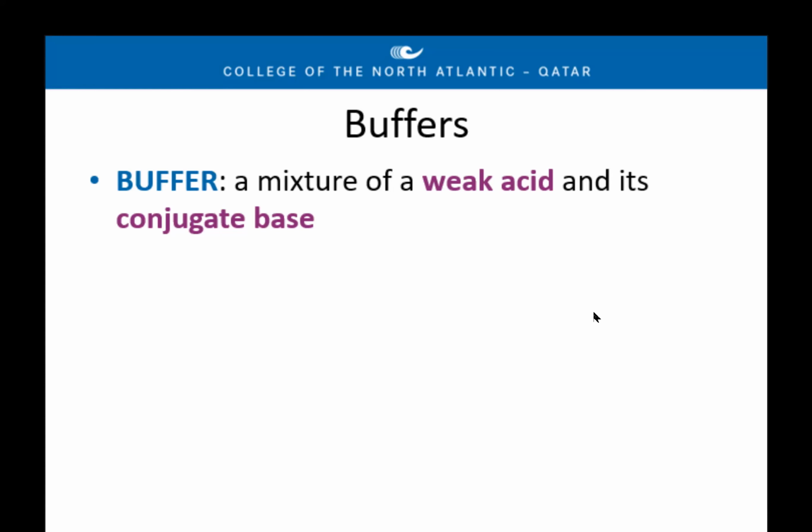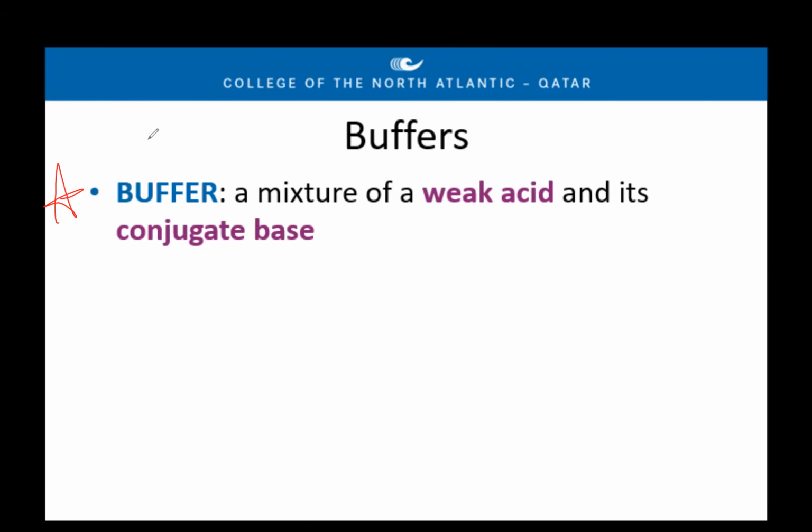This, actually, guys, let me be real straightforward with you. This is a huge wink, wink question. This is typically a multiple choice question that I've asked in the past on a final exam or something like that. I say, what is a buffer? A buffer is a mixture.